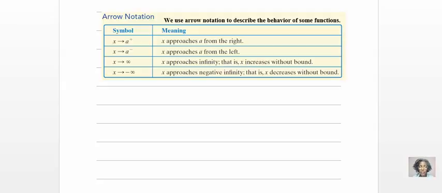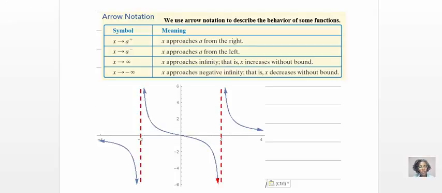So let's take a look at a graph of a rational function. So here's our graph, and I want to just talk about different areas of this function where we see our arrow notation. And remember, we use arrow notation to describe the behavior of some functions.